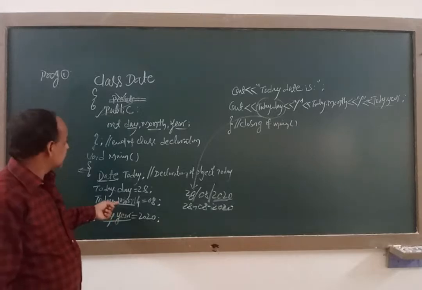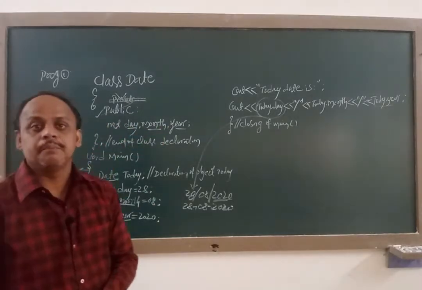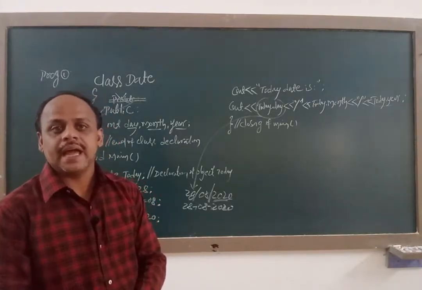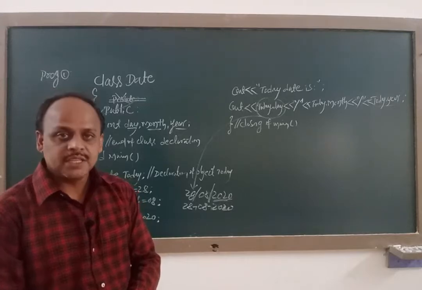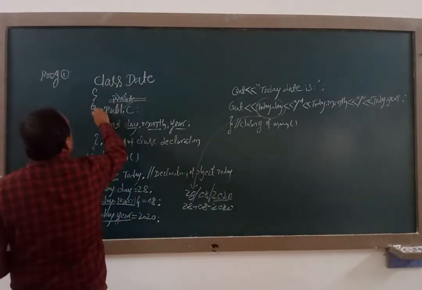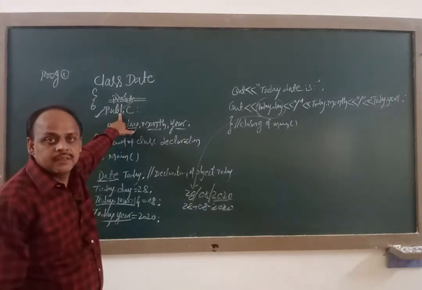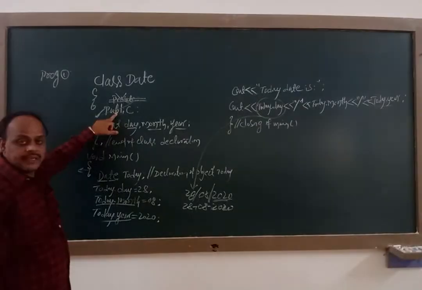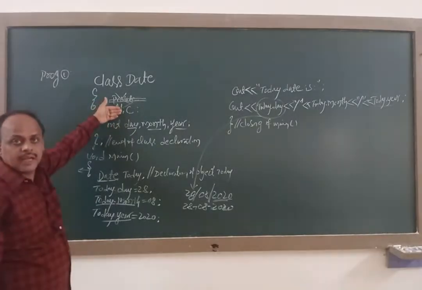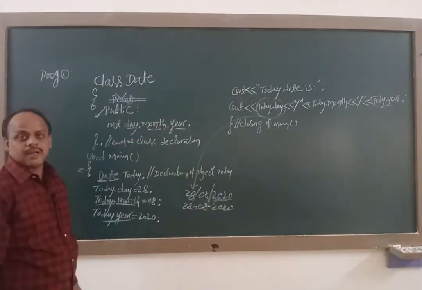It is not possible to access day, month, year because they are under the private access specifier. To avoid that we have to declare the access specifier as public. So in this public access specifier, the day, month, year data members come.